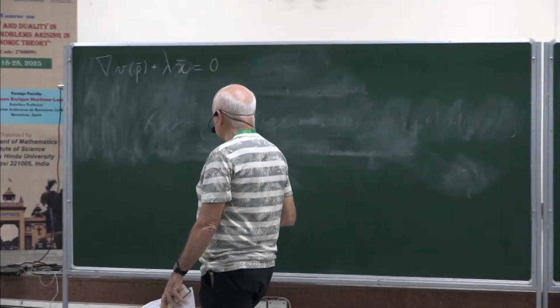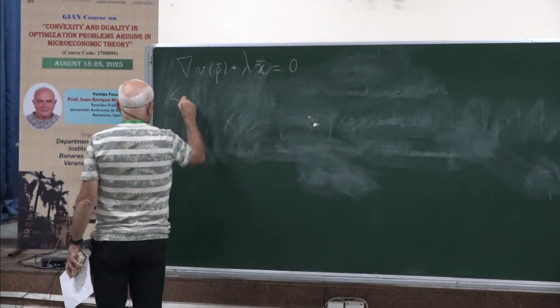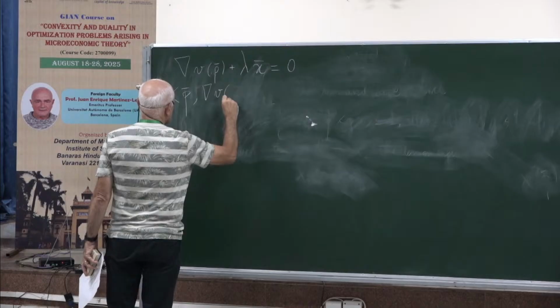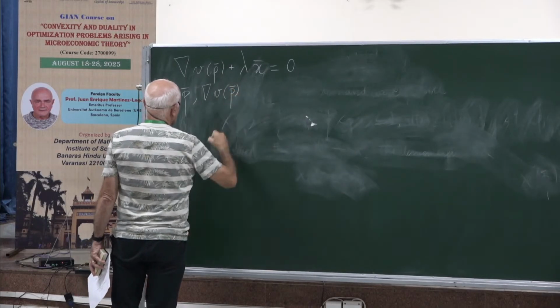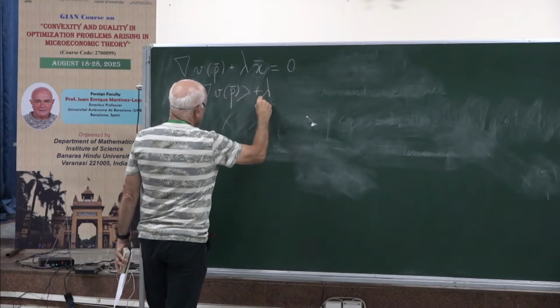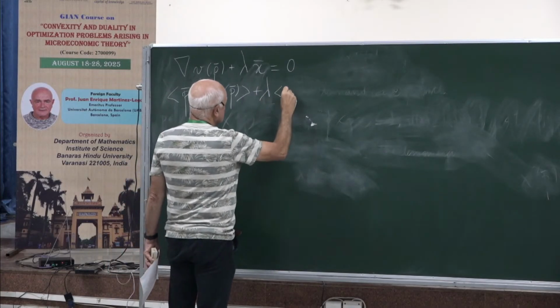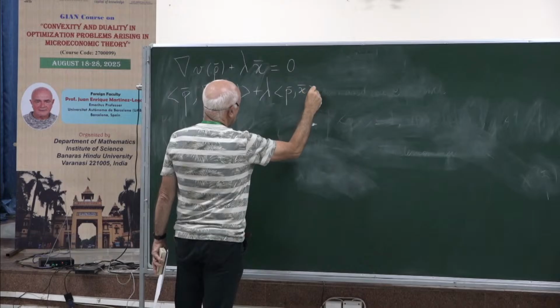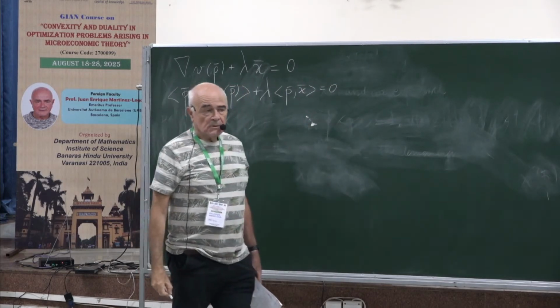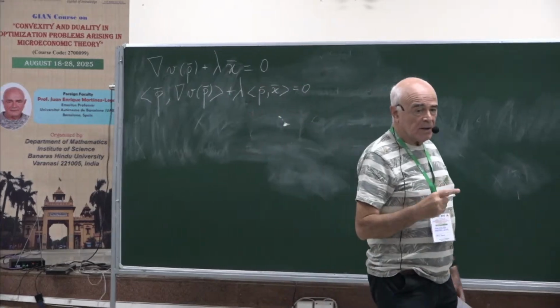Then I get P bar times the gradient of V at P bar plus lambda P bar X bar is equal to 0. But we already know that P bar X bar is equal to 1.